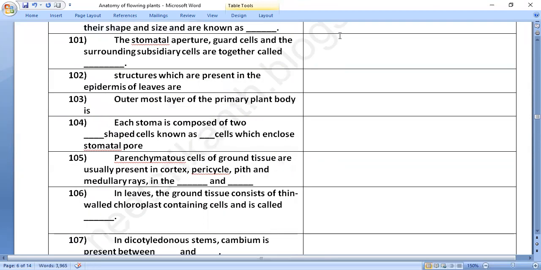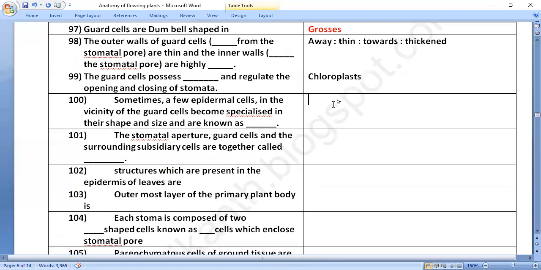Sometimes a few epidermal cells in the vicinity of the guard cells become specialized in their shape and size and are known as subsidiary cells. Guard cells and the surrounding subsidiary cells are together called the stomatal apparatus.